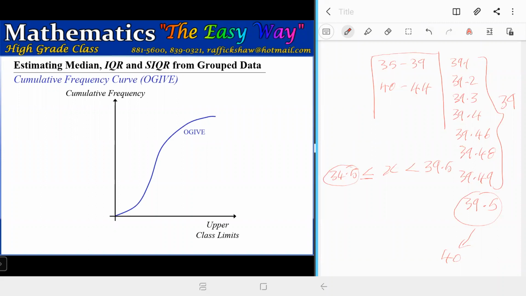Yes, sir. And anything greater than 34.5, but that doesn't reach 35 yet, is approximately 35 still, isn't it? Like, for example, 34.6, 34.7, 34.8. All of these values approximate to 35. So anything from 34.5 up to 35 approximates to 35.